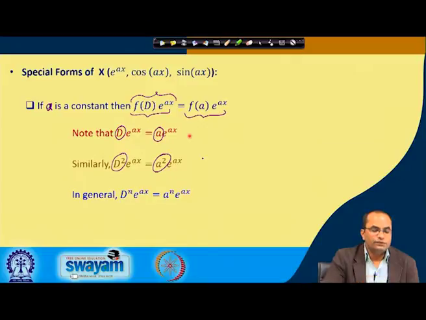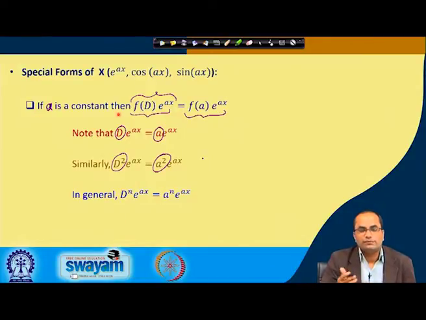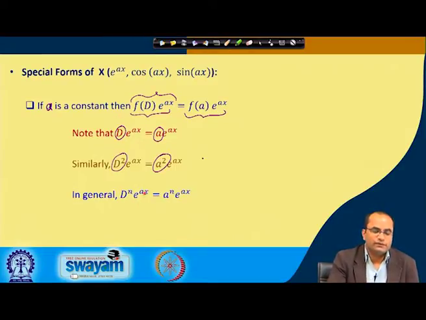So, if we continue this in general, we will get D power n e power ax, and this D will be replaced by simply a power n e power ax. So, when we have this operator f(D), which is usually D power n plus this kind of polynomial, the same thing will happen: D is going to be replaced by a.